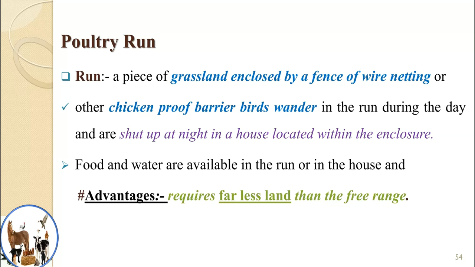Food and water are available inside the house itself. One of the advantages is that very little land is required compared to the free ranging system, and the only additional costs are the labor and the feed.